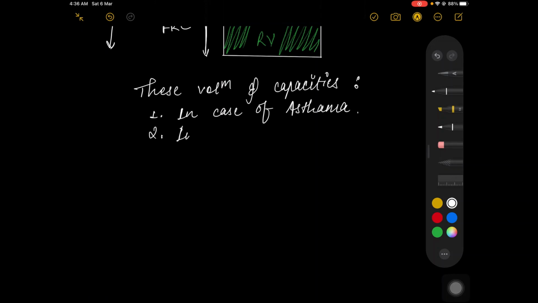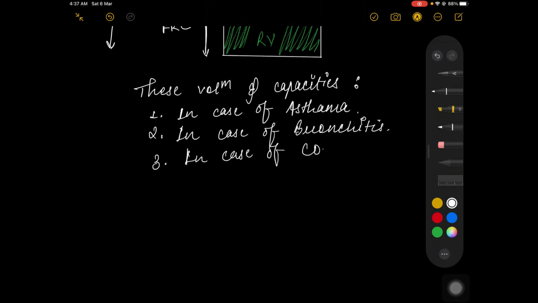Similarly in case of bronchitis, COPD, and chronic respiratory disease. So these are some uses for these volumes and capacities.